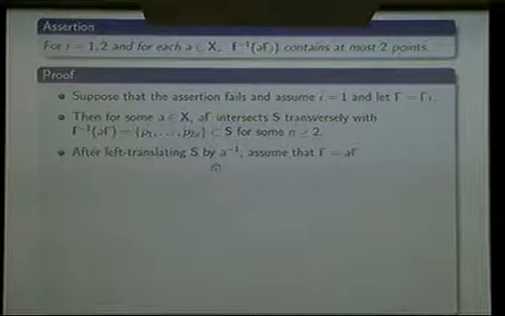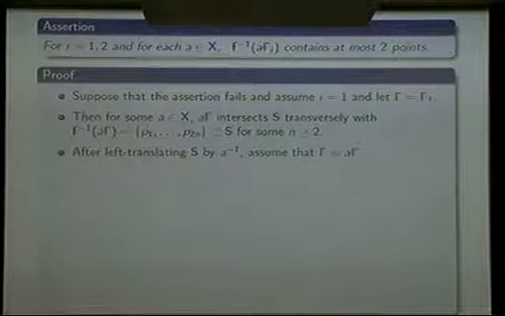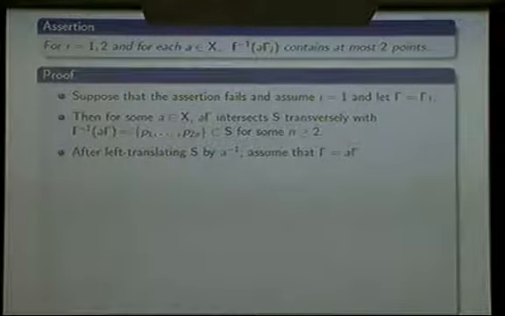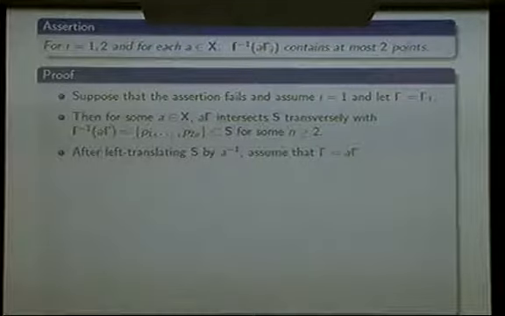So now, instead of predicting that particular bad situation, let's translate the sphere by A inverse, and now it has the property that it intersects the x-axis in at least 4 points. So we have P1, P2, P3, P4, at least 4 points after translating.